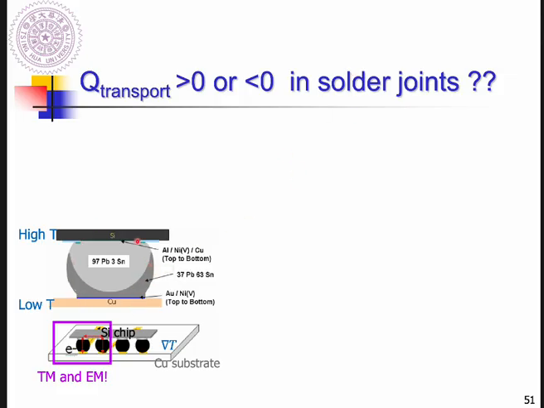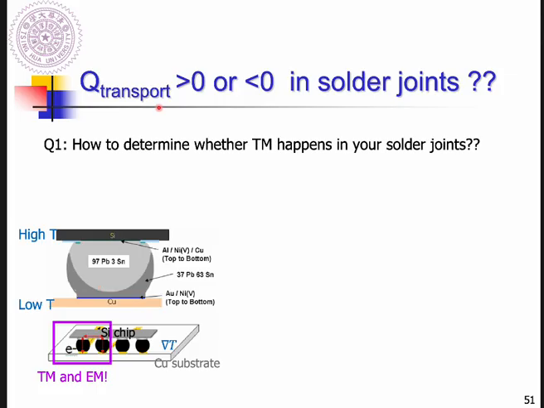But under this situation, my question is, how can I determine whether the heat of transport inside this material is positive or negative? So the question is how to determine whether thermal migration really happens in your solder bond. And the solder bond actually is here, which binds the silicon substrate to the copper substrate.